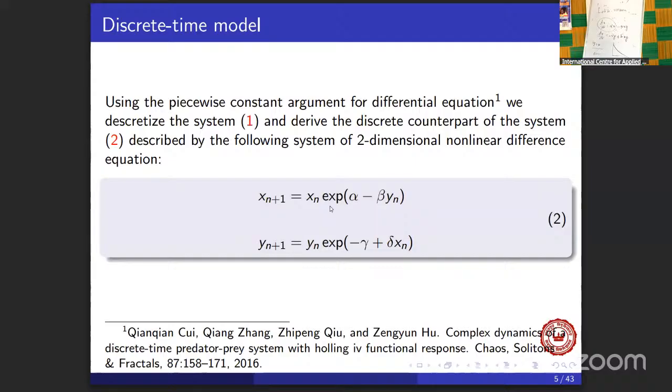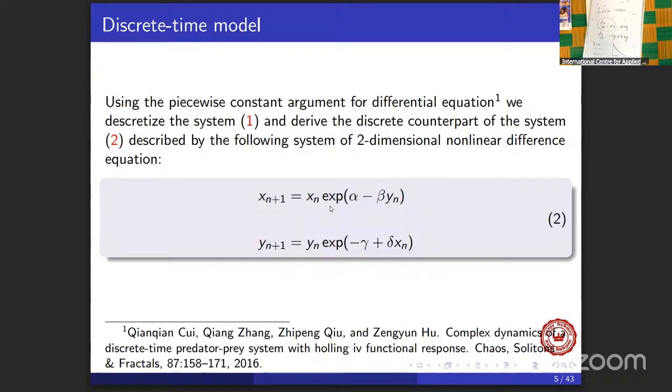Now, we try to discretize the same system. dx/dt is equal to alpha x minus beta x y, and dy/dt equal to minus gamma y plus delta x y. Earlier I told that we consider t equal to 1, 2, 3, 4, 5 like that. That is a discrete system.